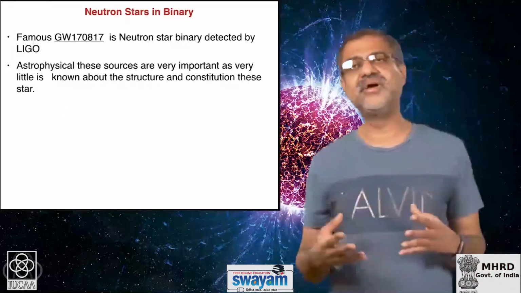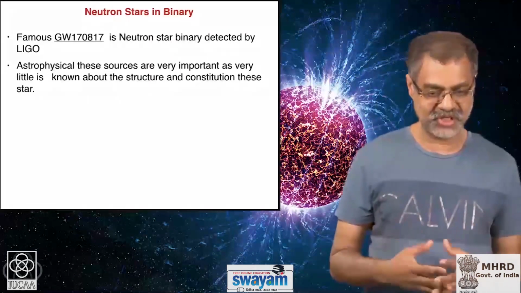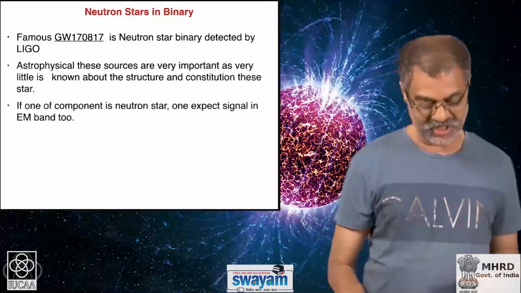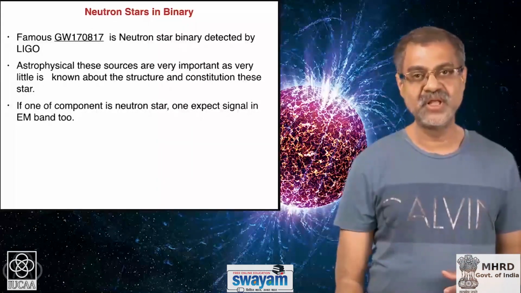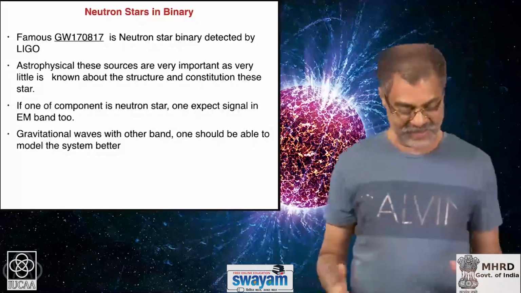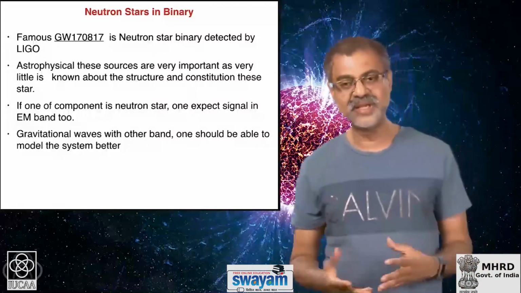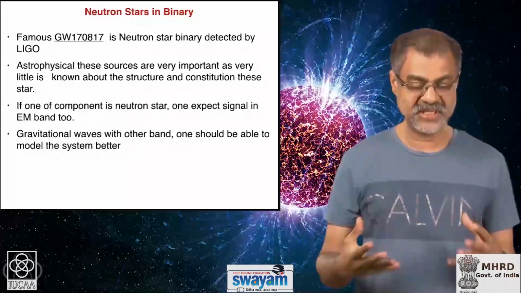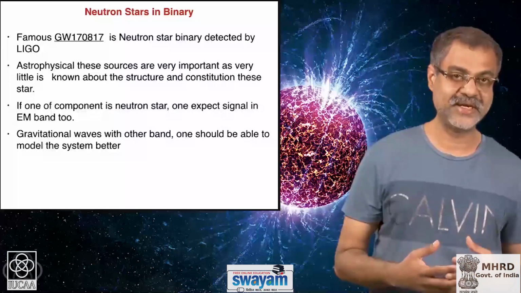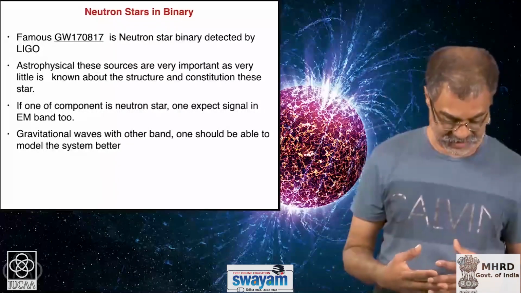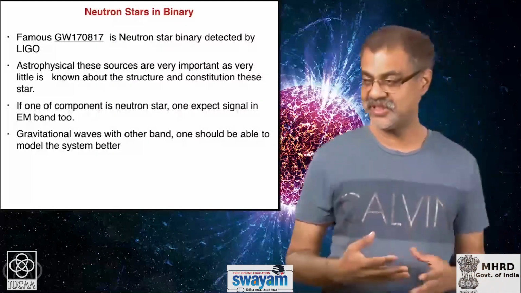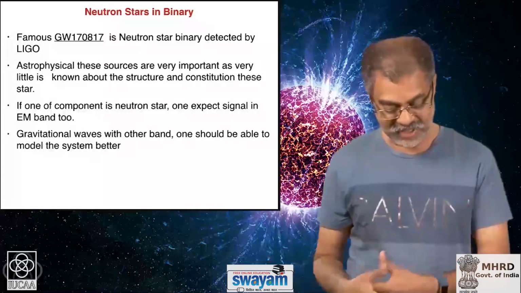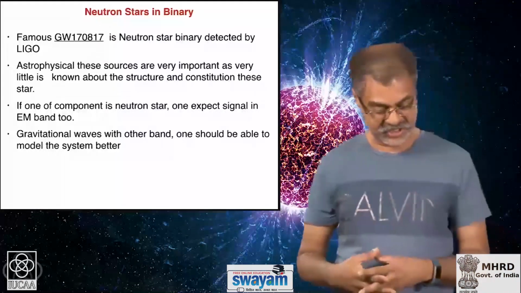Now, one of the mysteries of neutron stars, what we call, is what these neutron stars are made up of. They have matter, so we expect them and we have seen it in the entire electromagnetic band. One would model them in these three phases: inspiral, merger and ring down.